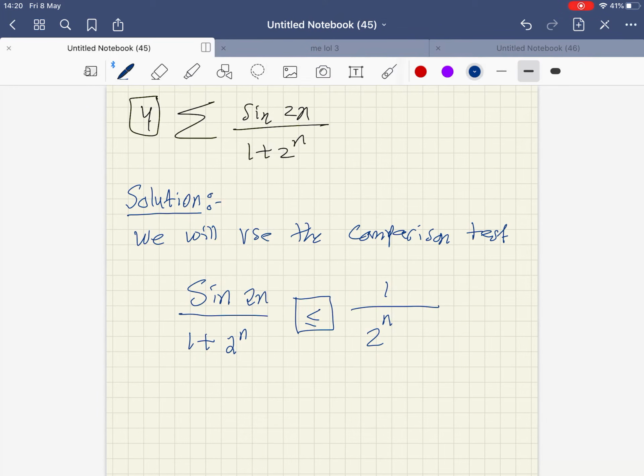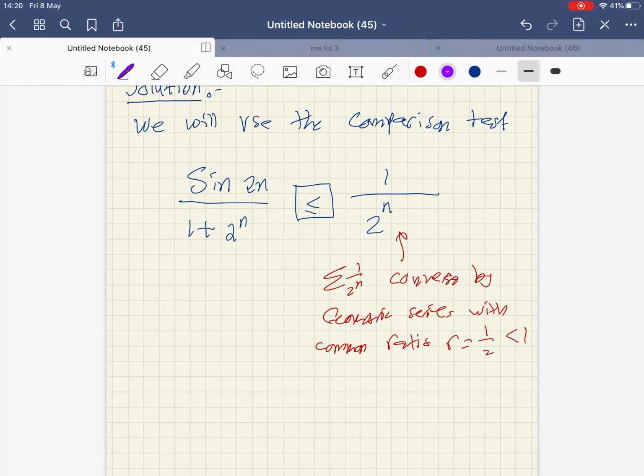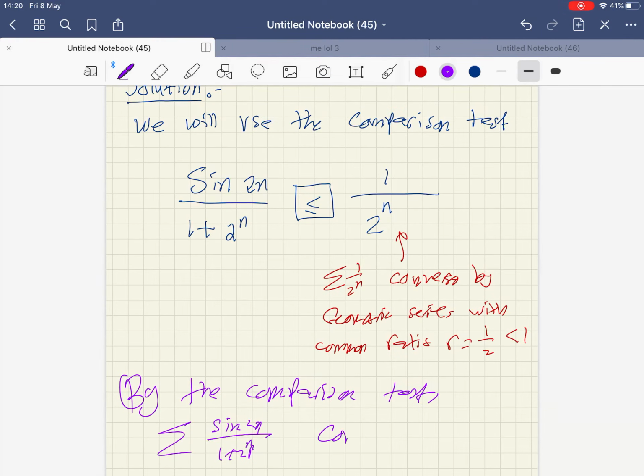Now what we know is that this converges because it's a geometric series with common ratio r equal to 1 over 2, which is less than 1. So by the comparison test, the series converges.